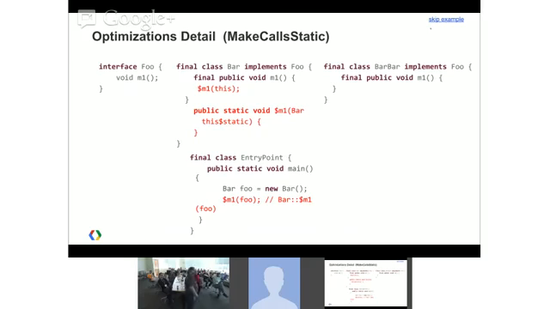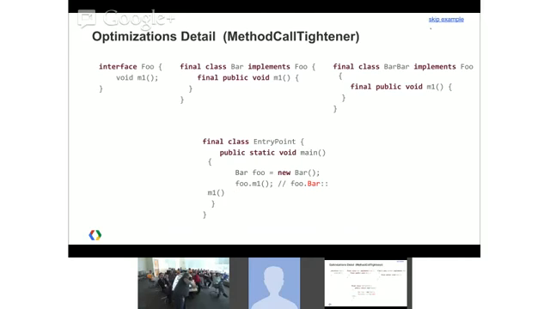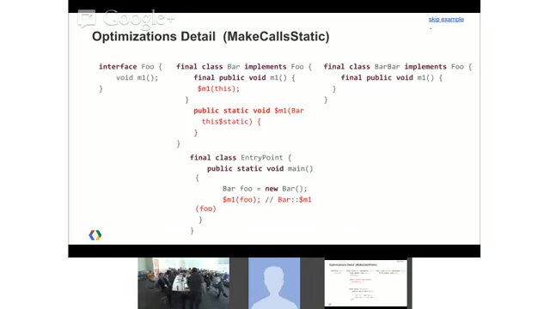Next thing is make call static. Because the call to M1 is to a final method, that call is a static call. And because it's static, the compiler will decide that the implementation of M1 can be made static, and it will explicitly introduce a new this parameter, name it this static, and copy the method body and replace the method body in M1.